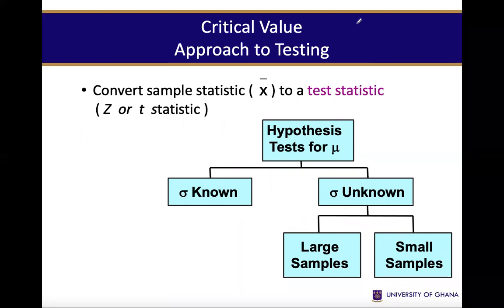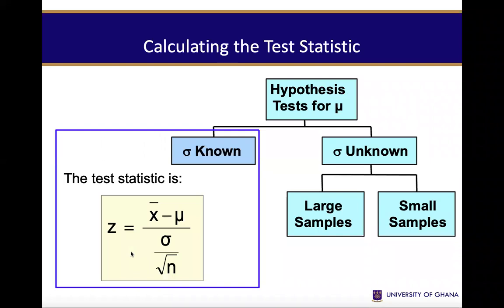In testing the hypothesis, these are some of the things we are going to consider. We are going to consider the situation where the population standard deviation is known, and the situation where the population standard deviation is unknown, and we will consider that for large samples and also for small samples. So basically, that is what we are going to do.